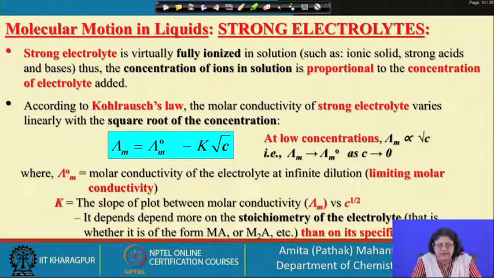MA is a 1,1 electrolyte, and M2A is a 1,2 electrolyte. So, depending on the number of stoichiometric ions generated in the solution, K will be affected by that, and not per se by the specific identity of the ions.